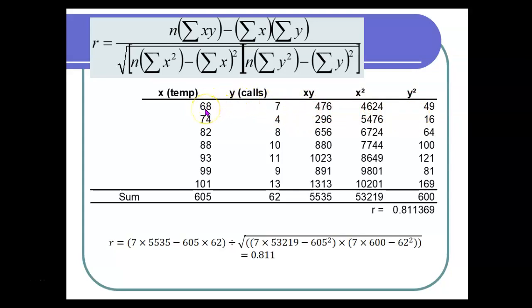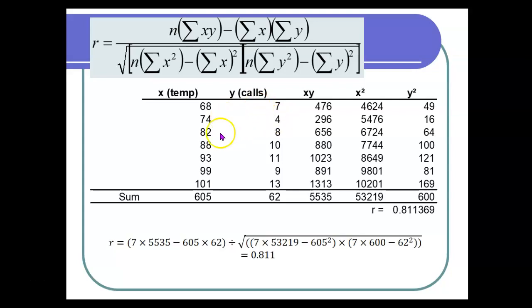X times Y, so like 68 times 7 is 476. I've calculated X squared, so like 68 squared is 4,624. And then Y squared, so 7 squared would be 49.